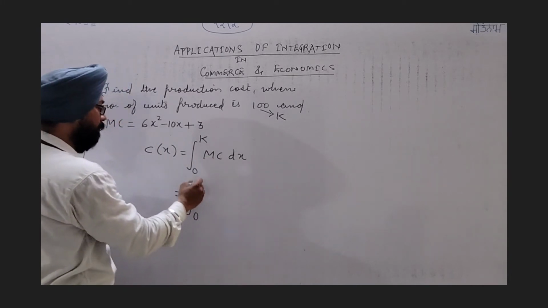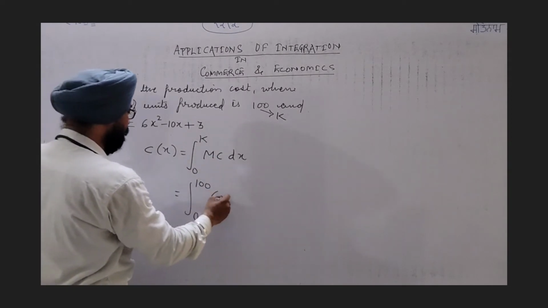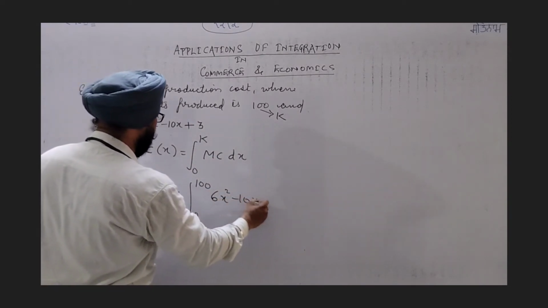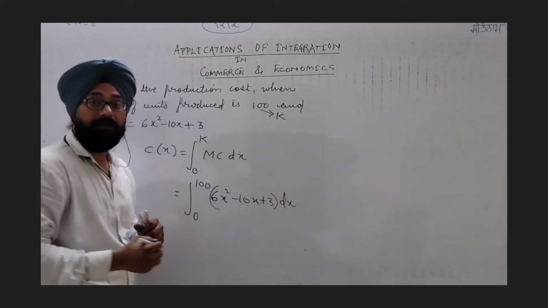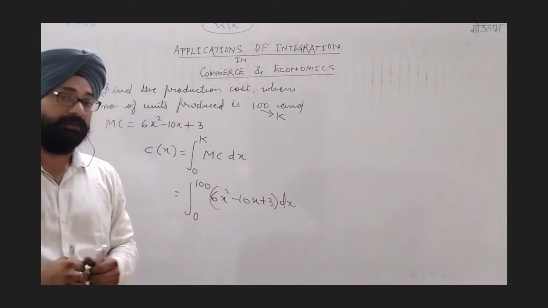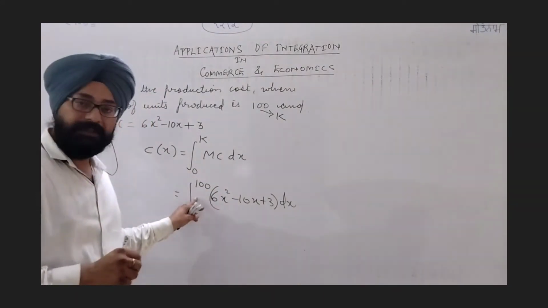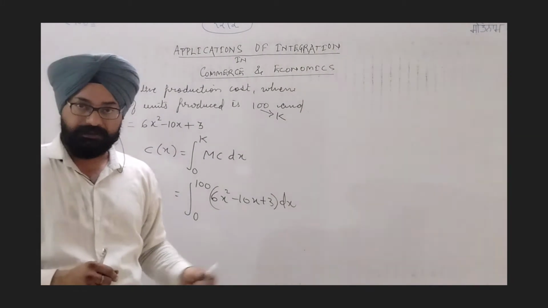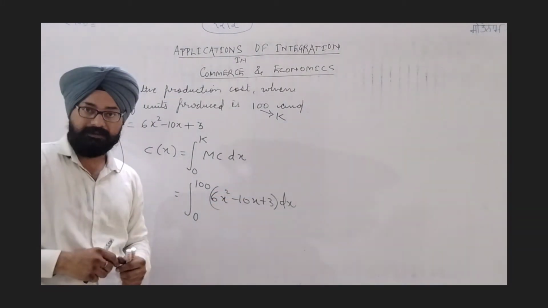Substituting the values, 0 to 100, marginal cost is 6x square minus 10x plus 3 dx. Now this is an advantage to us, because in the definite integral case we do not get the constant of integration. So this evaluation will be direct.